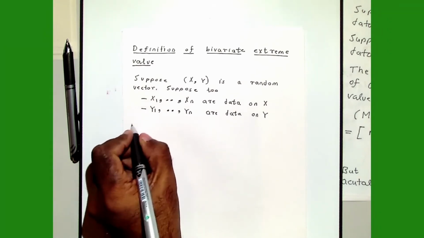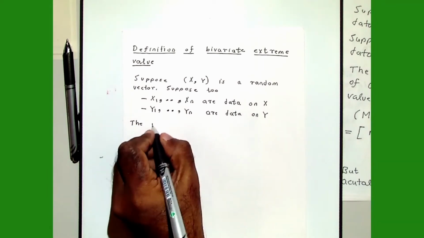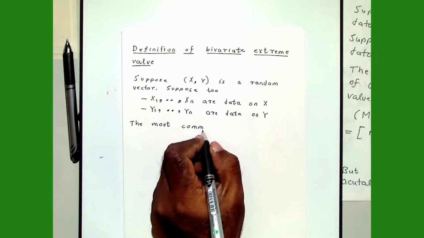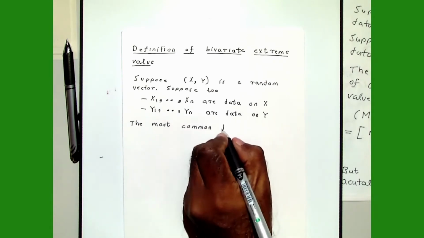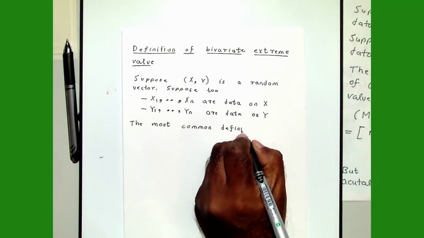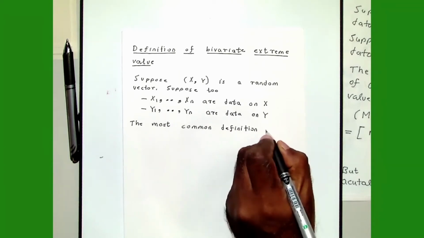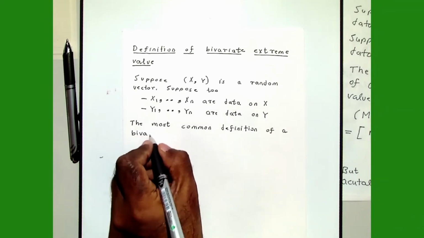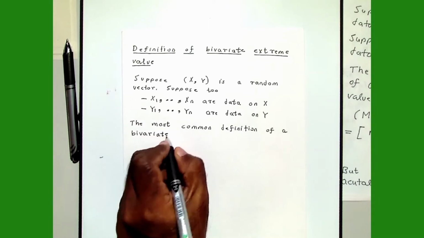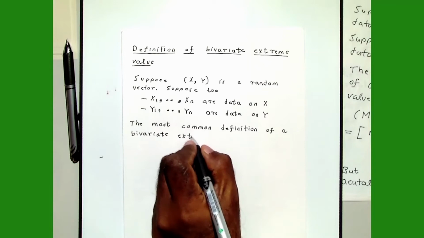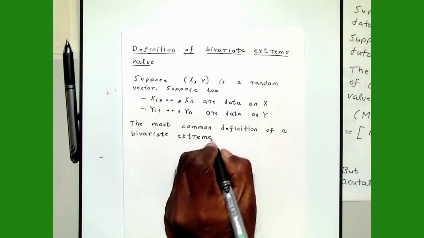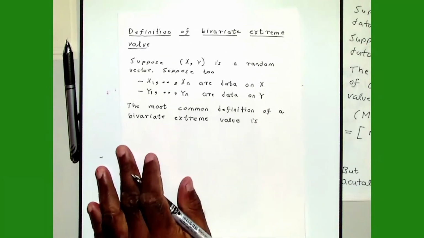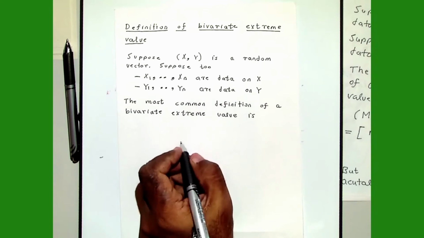The most traditional, the most common definition of a bivariate extreme value is as follows.